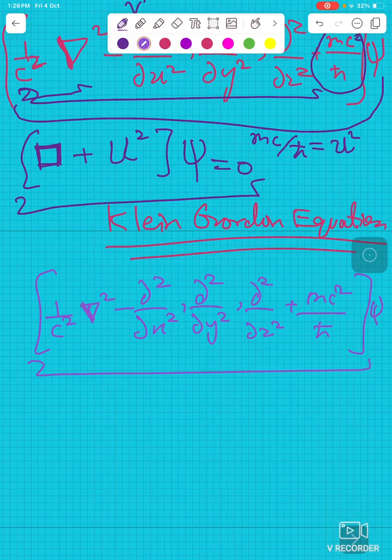This equation is the relativistic version of the Schrödinger equation.